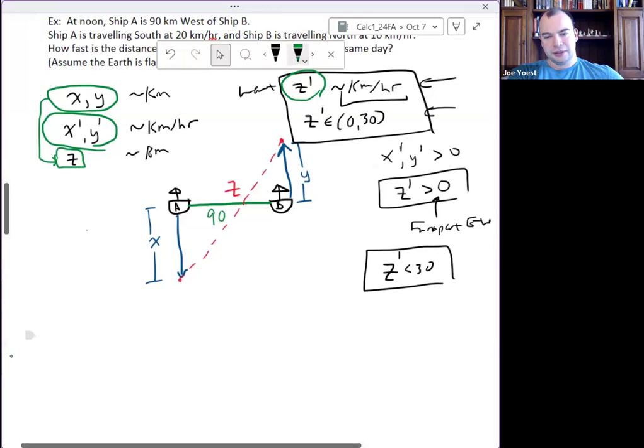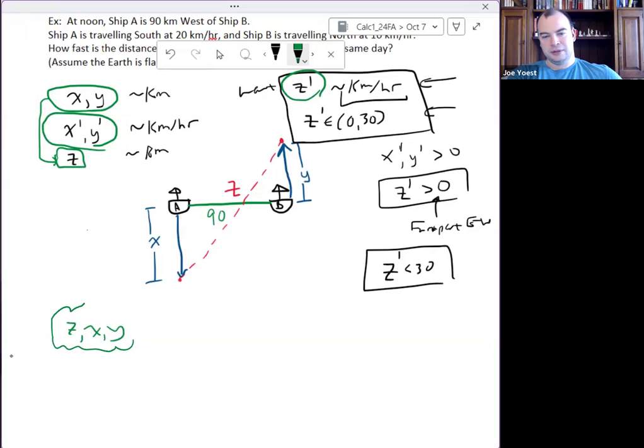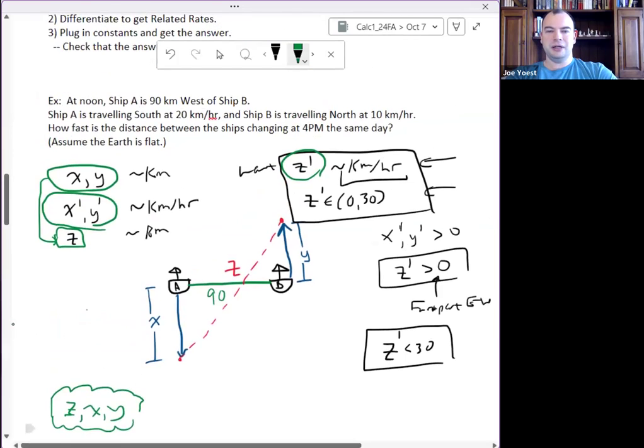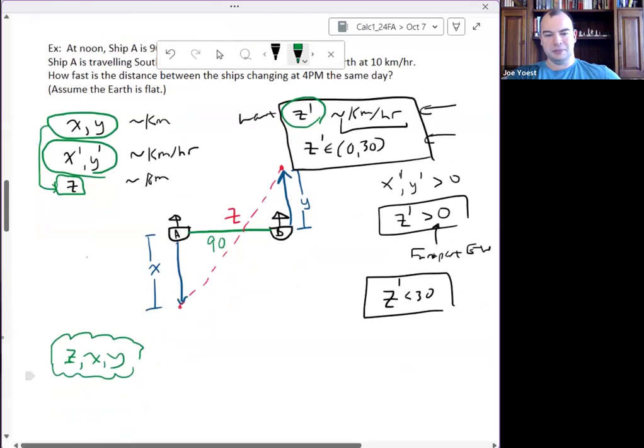So I want to relate z, x, and y. That's my next goal. No calculus yet. We're not differentiating anything yet. We're not plugging in any numbers from up here yet. I mean, we plugged in the 90, but that's just because that's not changing. But x, y, and z are all changing over time.